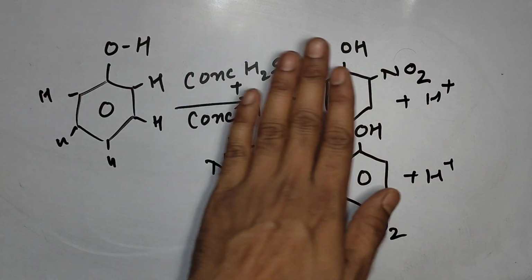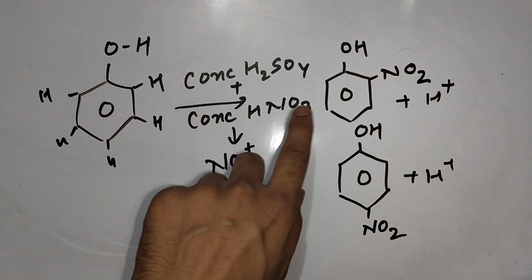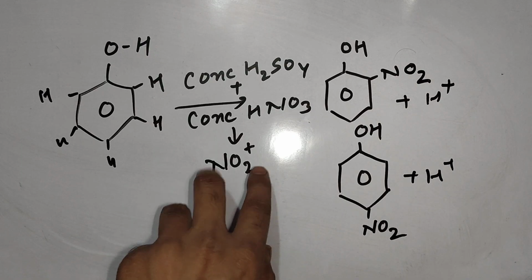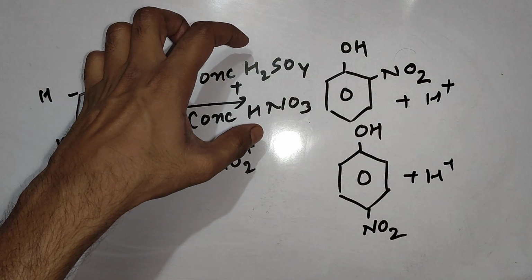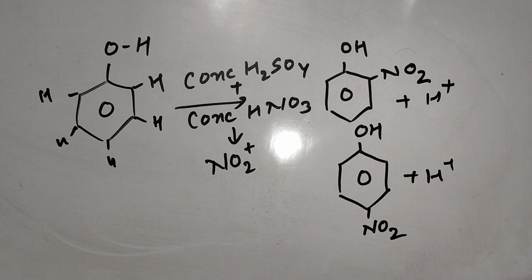On the basis of that, you have to make these products, ortho substituted product and para substituted product. Now, which electrophile is going to attack? It depends on the reagent. I will tell you all the reagents. Already I have told you in halorine substitution reactions. You can check that video also. Same reagents here we have for phenol.